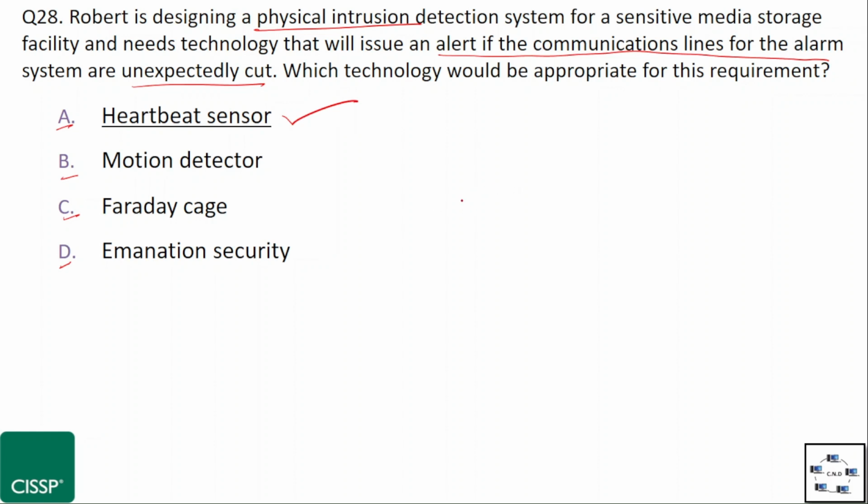So how does this work? Let's suppose here we have this media storage facility, and this is, let's suppose, the alarm system, and this alarm system is activated whenever there is intrusion inside this facility.